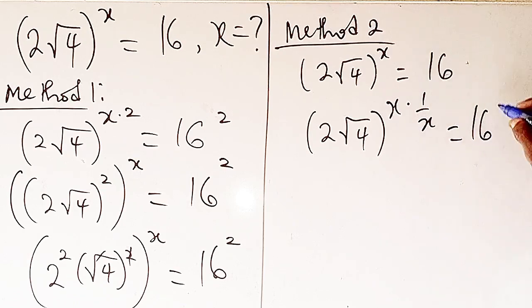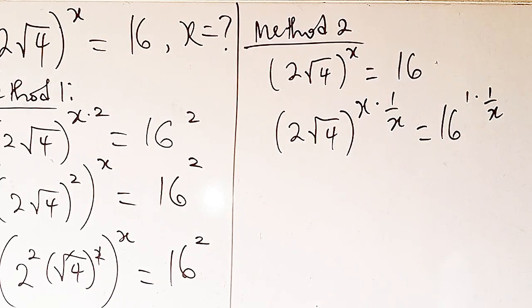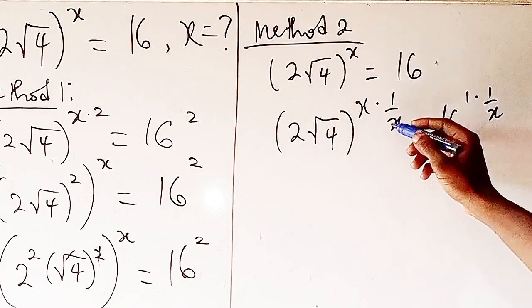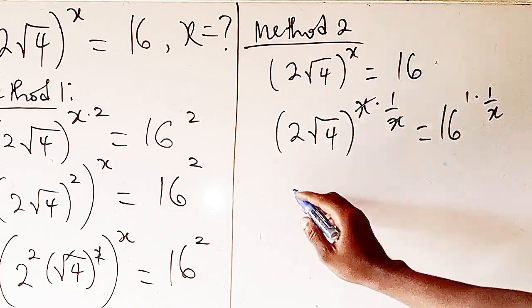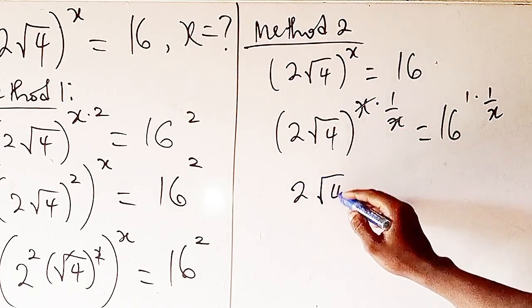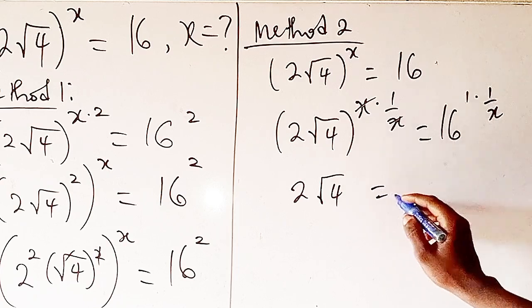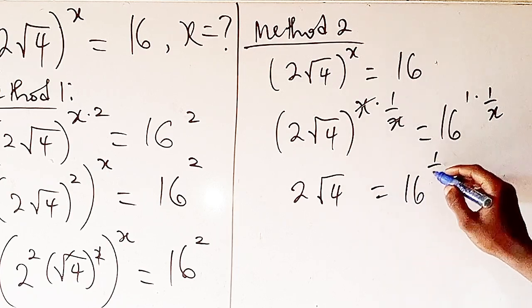This 16 ordinarily has power 1, multiplied by 1 over x. So what do you think we're going to have? You can see that we cancel this here. We have 2 root 4, then equals 16 to the power of 1 over x.